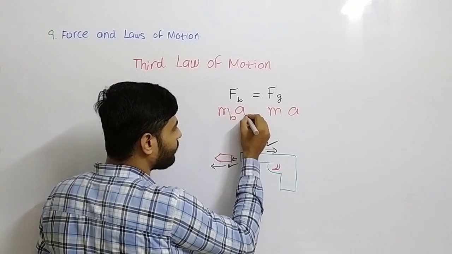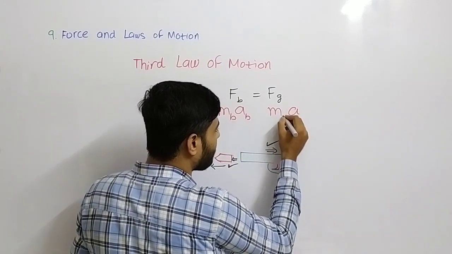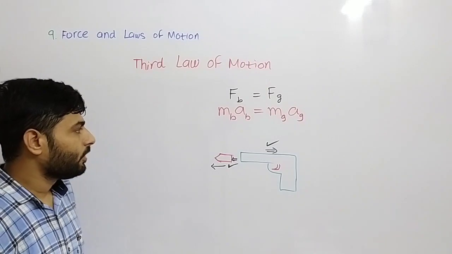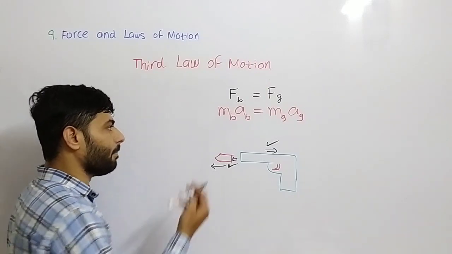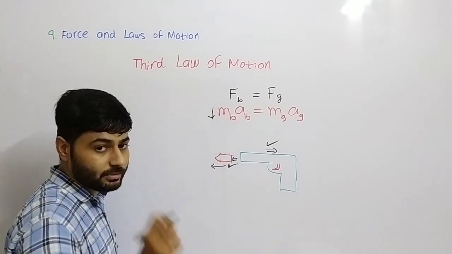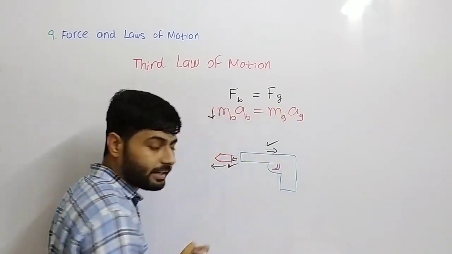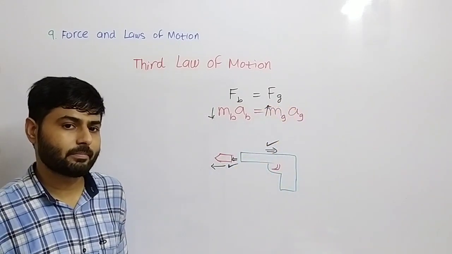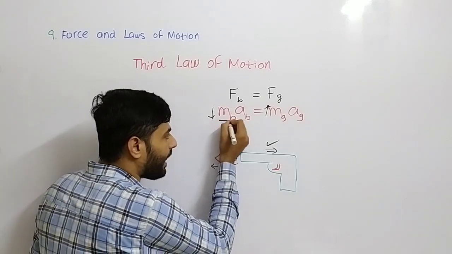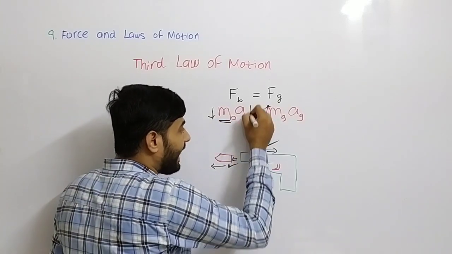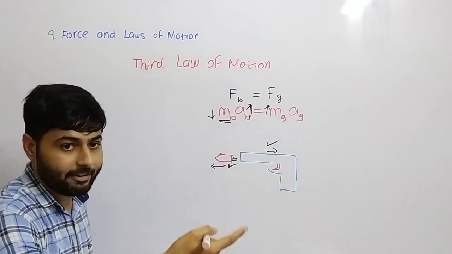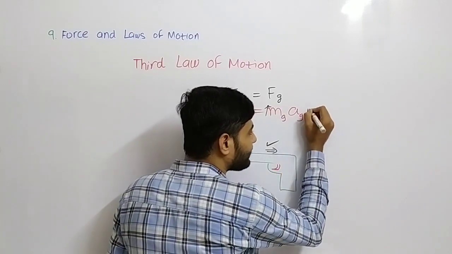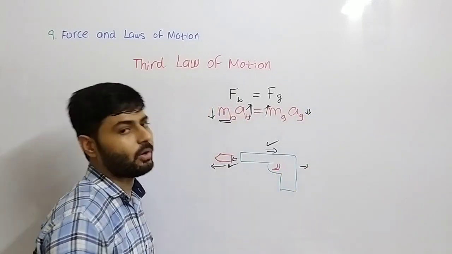We know that the mass of the bullet is very small compared to the mass of the gun. So here this mass is low, so acceleration will be very high, but here mass is very high, so acceleration will be very low.